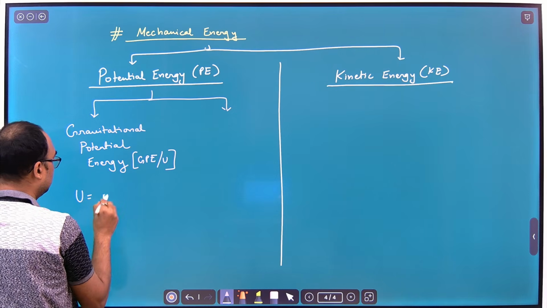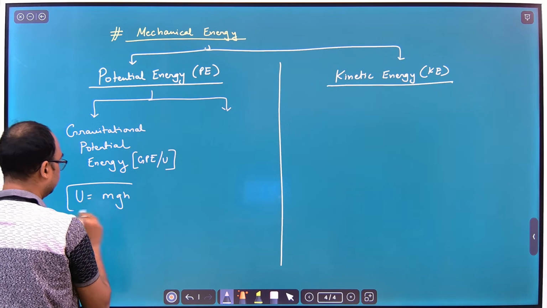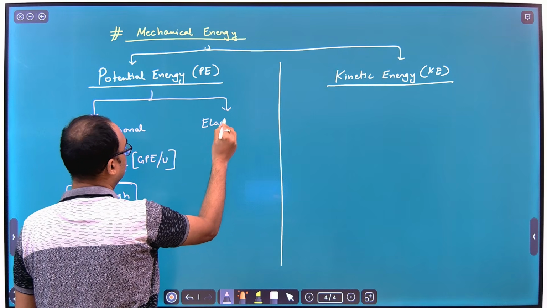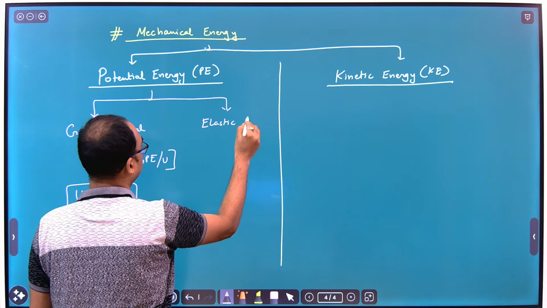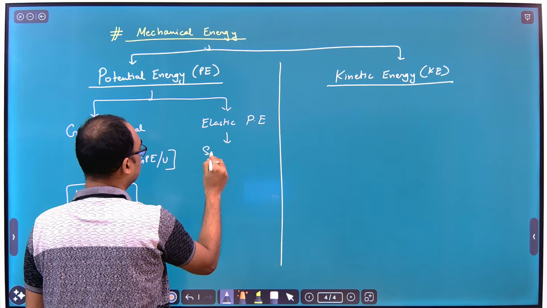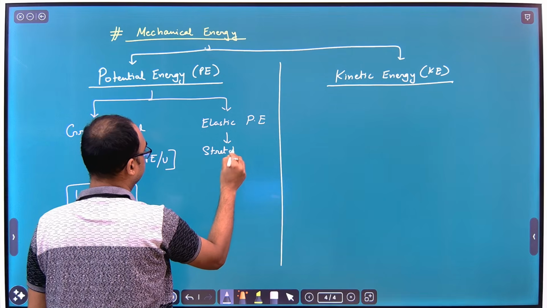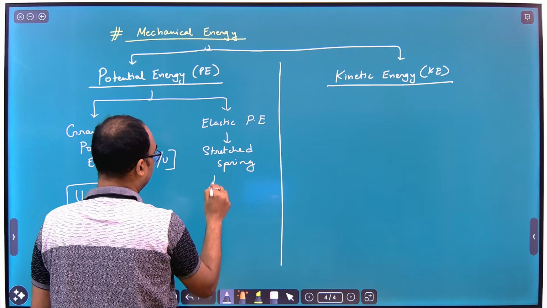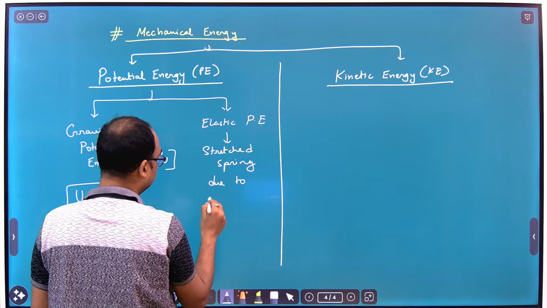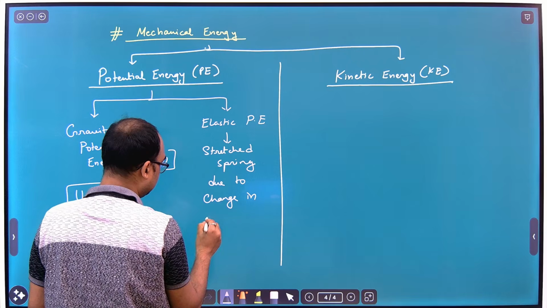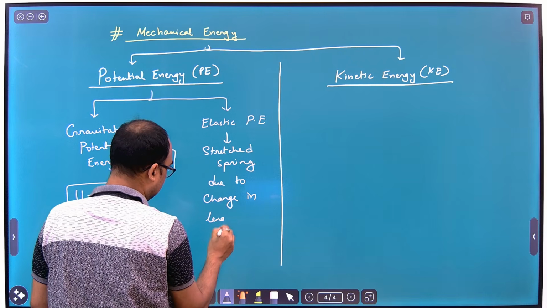U equals mgh. Next is elastic potential energy. This happens in a stretched spring, due to change in length.